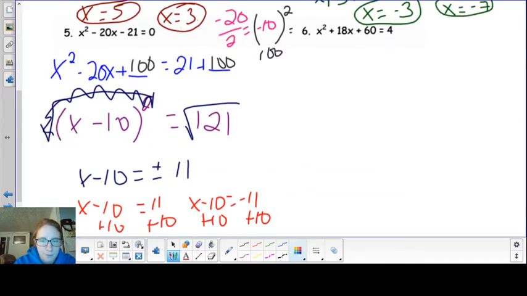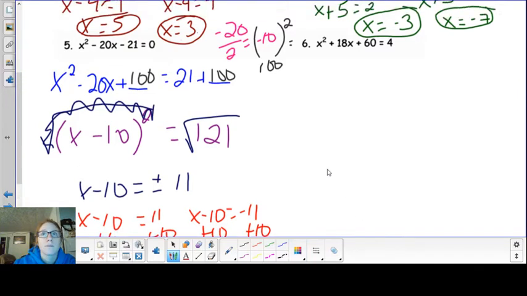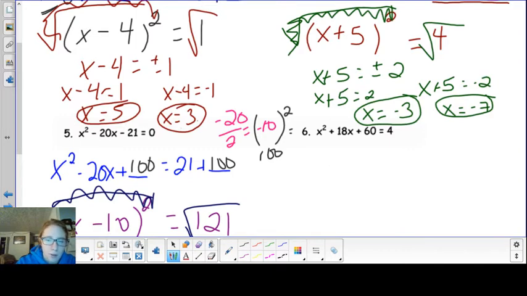Alrighty. Let's keep going. First steps first. Pick a different color that isn't used right in that vicinity. What do I do first? Right, I subtract. I'm going to subtract that 60.